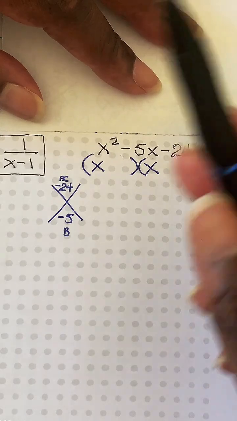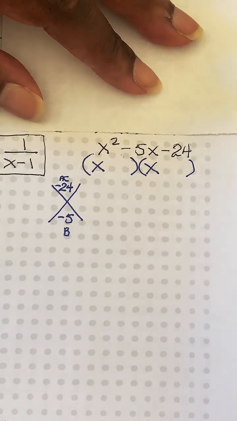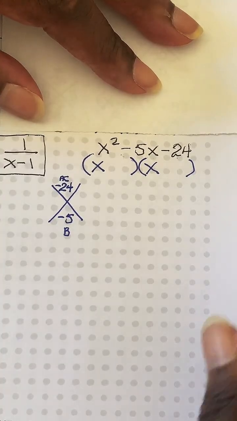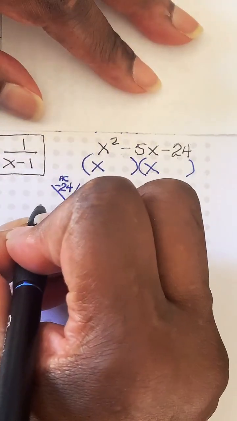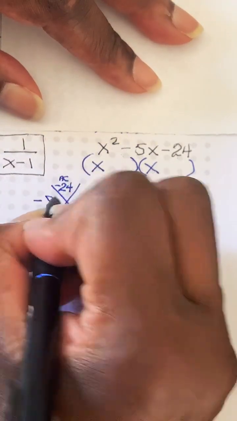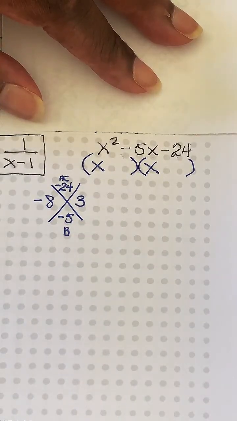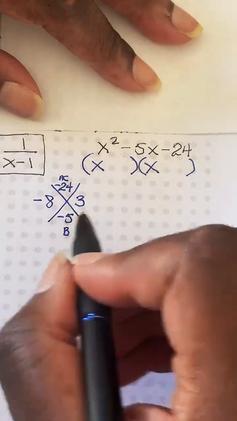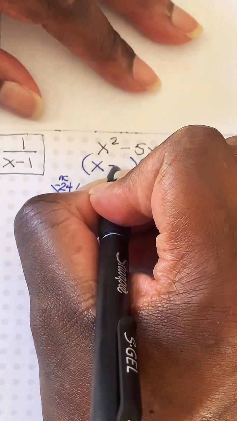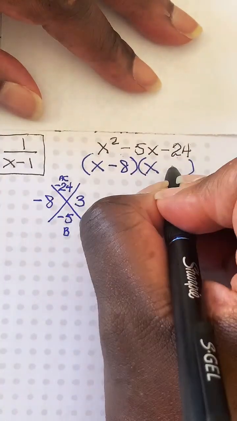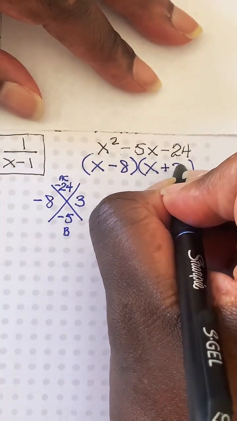It's not an extra step; once you get into the practice of it, you don't have to worry about that. We're all trying to retrain the brain. So we have negative 8 and 3. That means we put our negative 8 here and our positive 3 here, so it'll be plus 3.